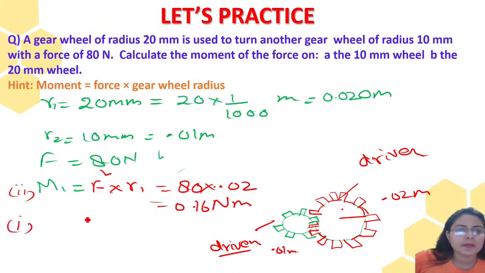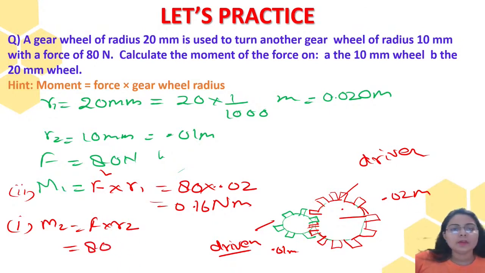And for the second part, it will be M2, which will be equivalent to F into R2. So what is my F? The force is the same. We know that in the case of such a gear system, the force will be the same and the moment will depend on the size of the object.